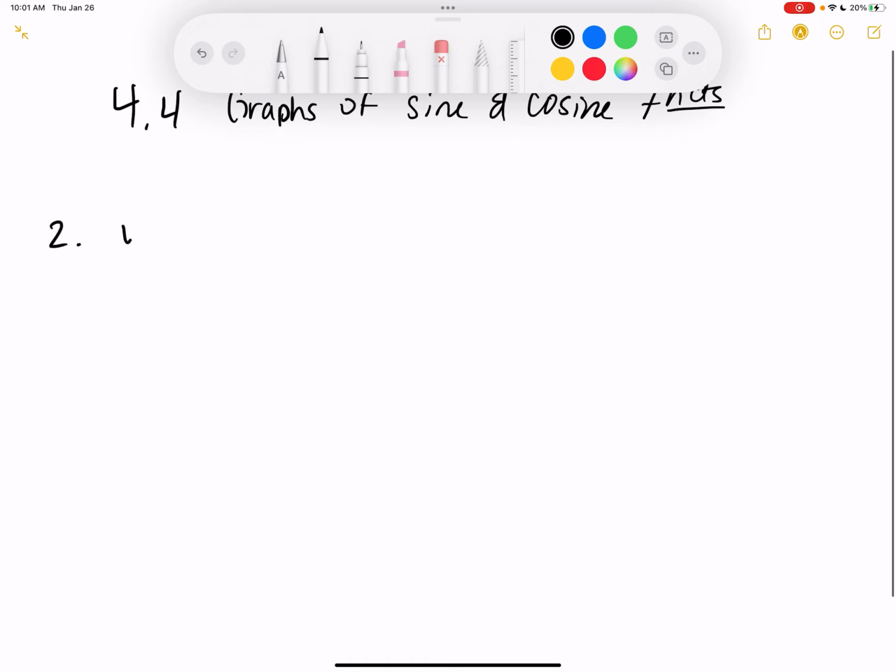So 2, we have y is equal to 2/3 sine of x. I care about basically right now if it's reflected or not, the amplitude and the period of it. These ones aren't being shifted yet, but when we get to those, we'll also talk about the shifts.